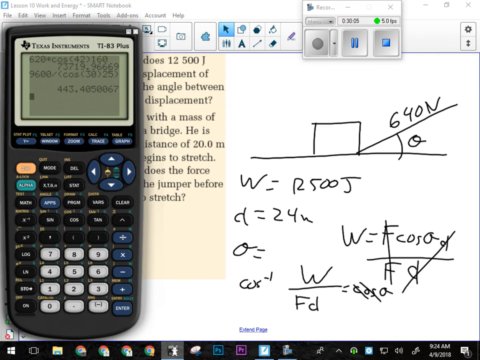We would have cos to the minus 1 of our 12,500, divided by, and I have to have the bottom bracketed, 640 times 24. So the angle is 35.5 degrees.